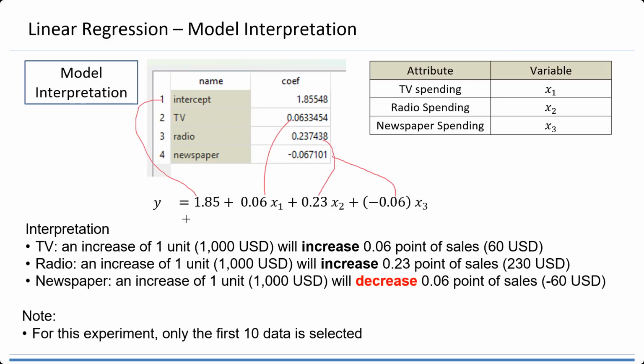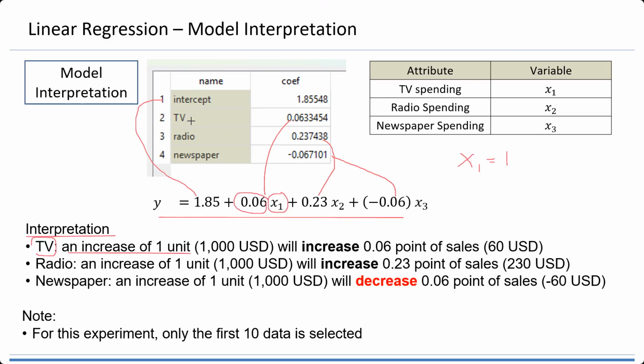Now, what does this model mean? So we can do the interpretation. For the TV, an increase of 1 unit. So here, let's say x1 equals 1. What happens?